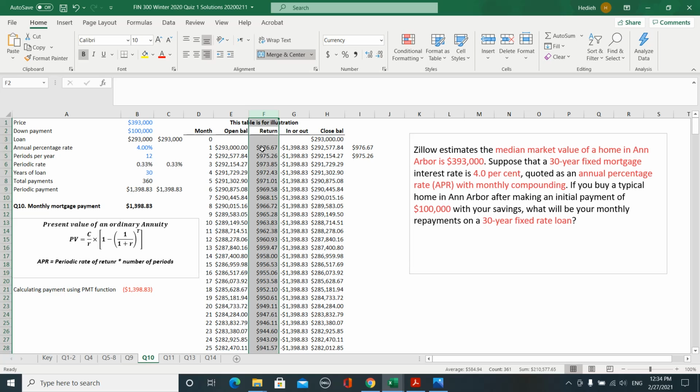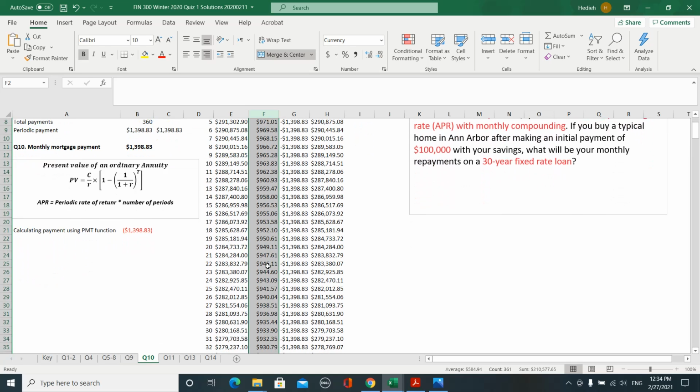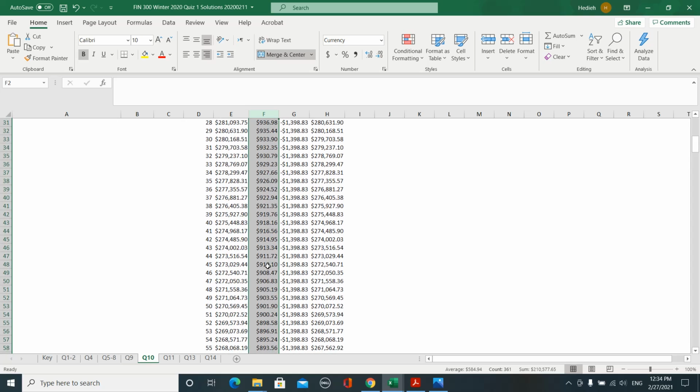As you can see, your interest payment over time decreases more and more. Why? Because your opening balance is going down. As you make more and more payments on your debt, your opening balance goes down, so your interest payment goes down. So you see your interest payment is decreasing to $800. If we go forward, we see that now it goes to $500, $400, $300.